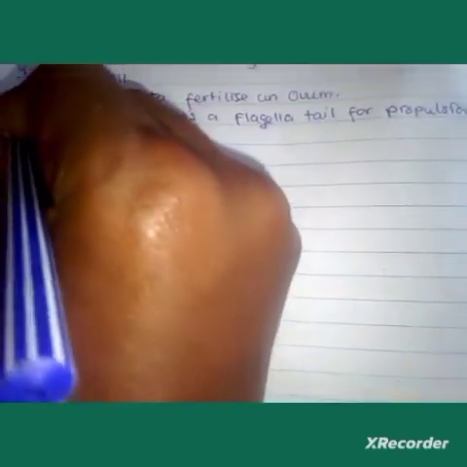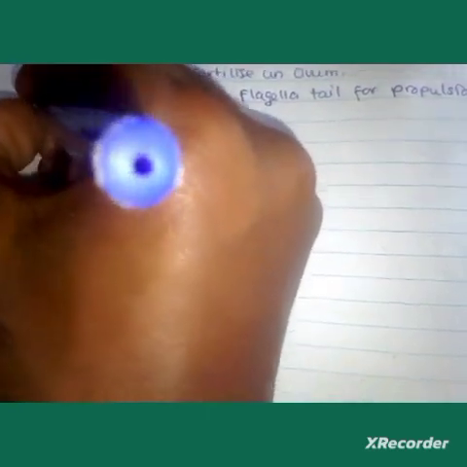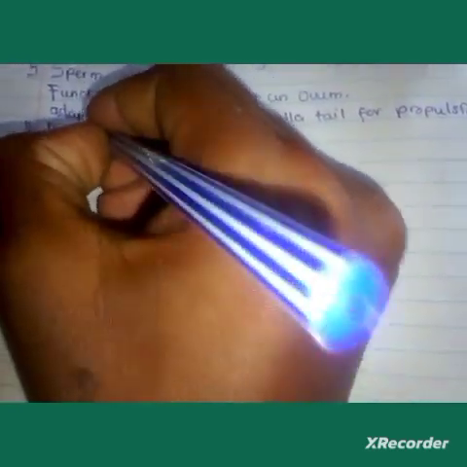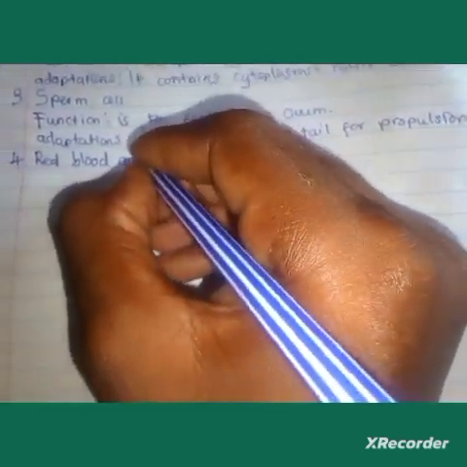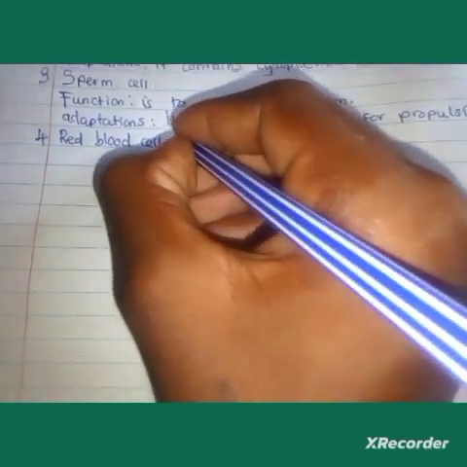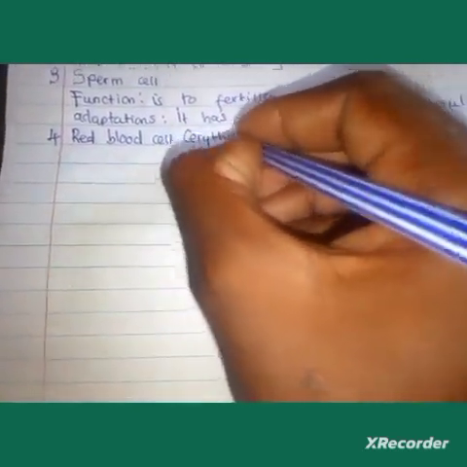Okay, number 4, we have got the red blood cells, also called erythrocytes.